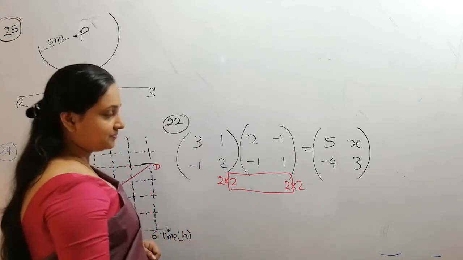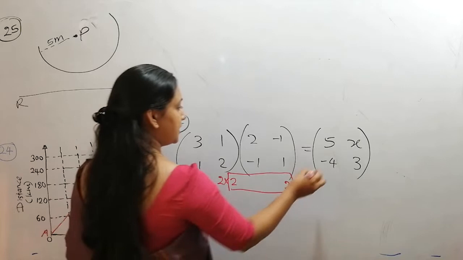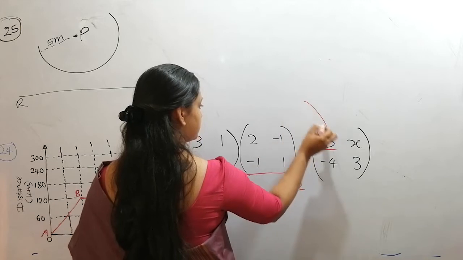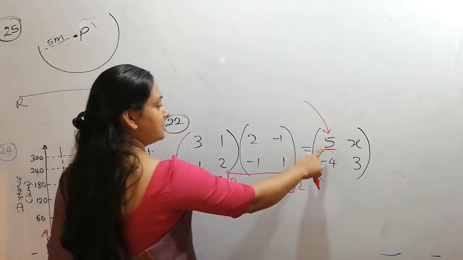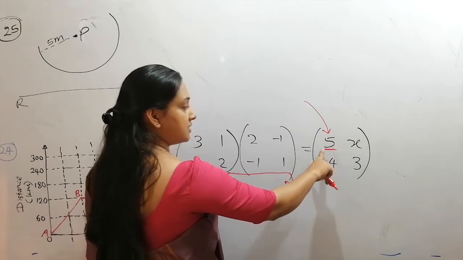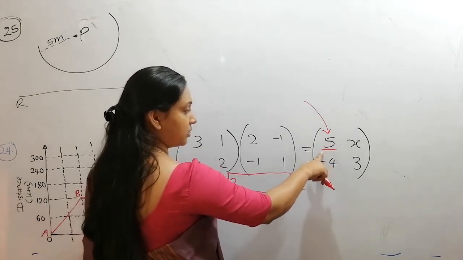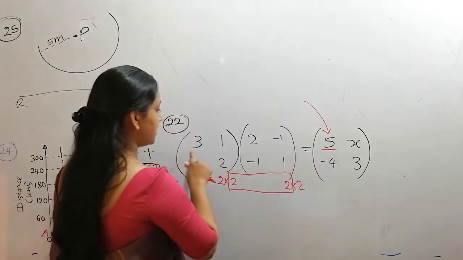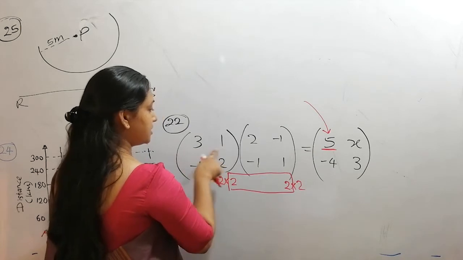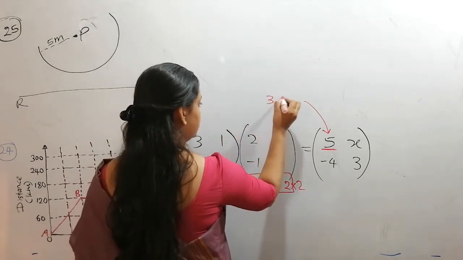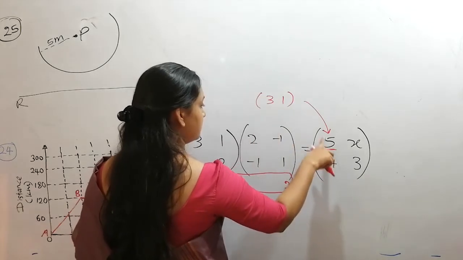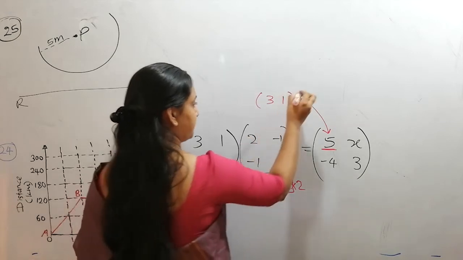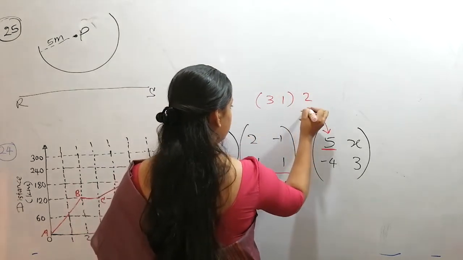What is the method? Here we can get the answer for this position. This position is the first row, first column. The first row means we have to select the first row from the first matrix: 3, 1. And first column means we have to select the first column from the second matrix: 2, minus 1.